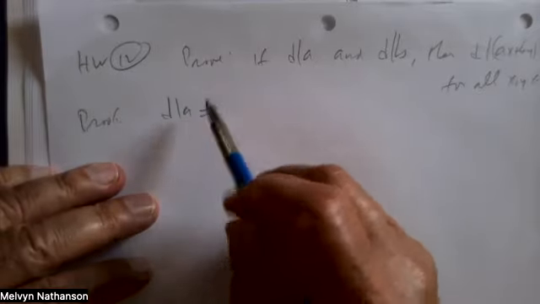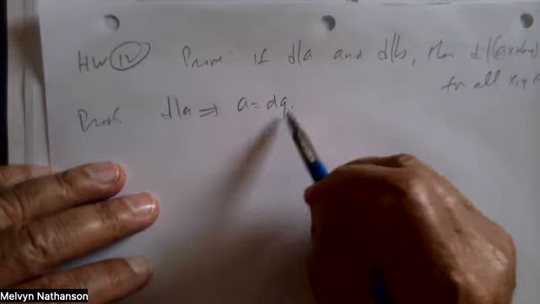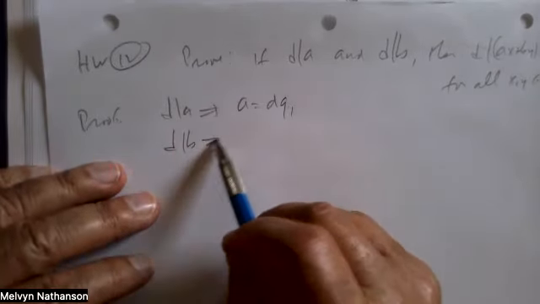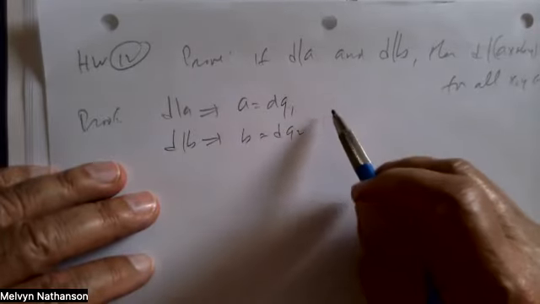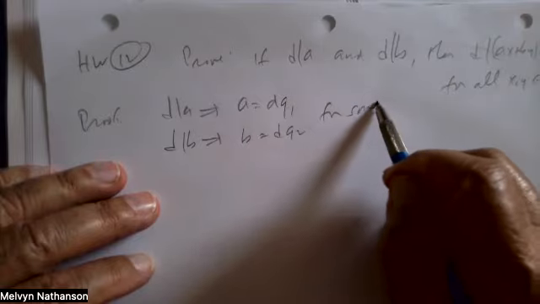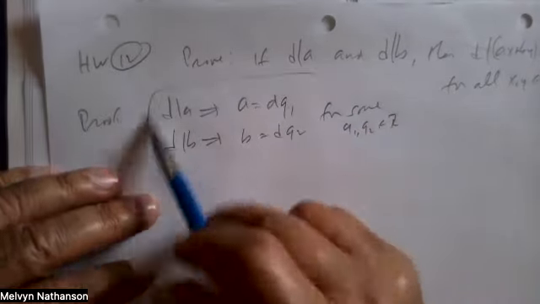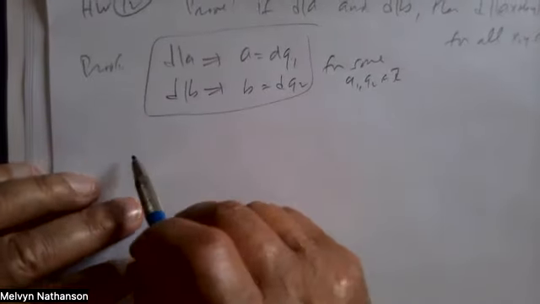D divides A means I can write A as D times, say, Q1 for some integer Q1. And if D divides B, then B is D times Q2. This is for some integers Q1, Q2, right? That's what divisibility means.